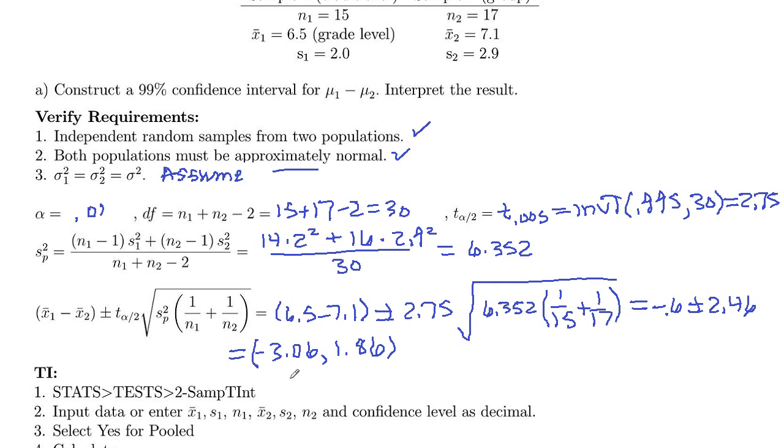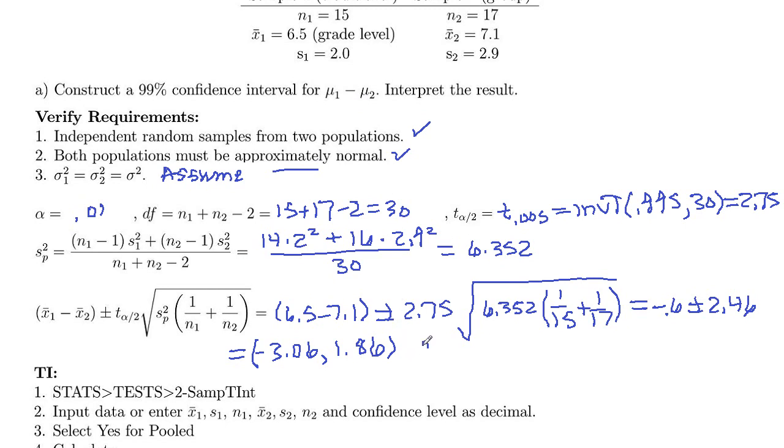So notice here that this interval contains 0. So we can't make a decision. It's not a statistically significant difference to say that mean 1 minus mean 2 here is greater than 0 or less than 0.